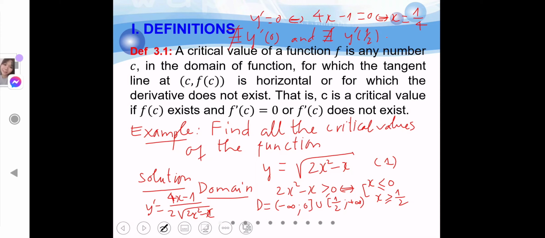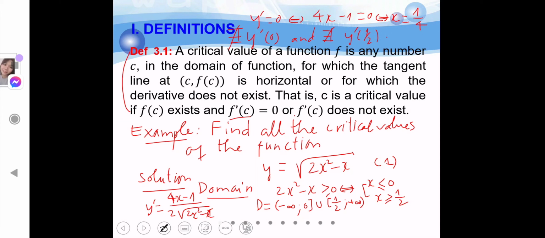What conclusion do we have? According to the definition, how many critical values does the given function have? A critical value is a number c that belongs to the domain of the given function and satisfies f prime at c equals 0 or f prime at c does not exist.